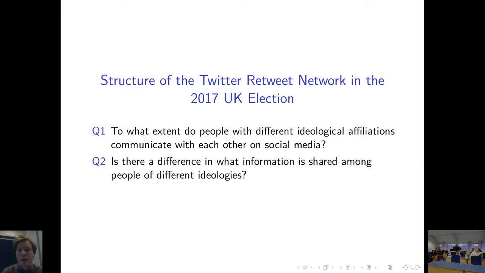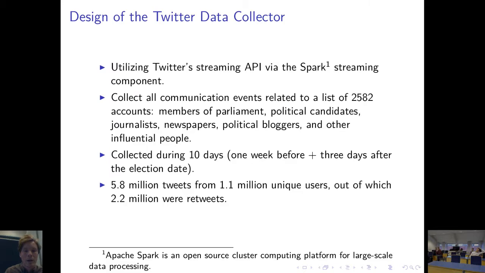And I wanted to look at to what extent people with different ideologies communicate with each other on social media, and also I wanted to look if there are any differences in what type of information is shared among the people. However, the second question here, I didn't have time in the end to do that, so I only focused on the first topic.